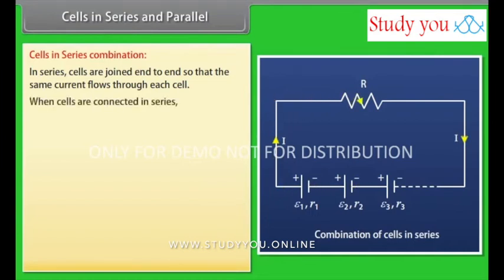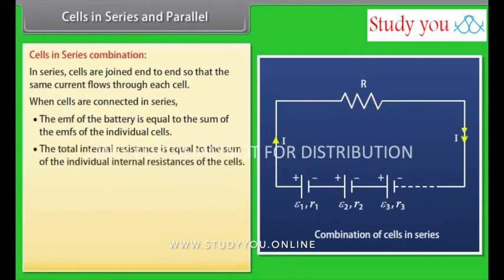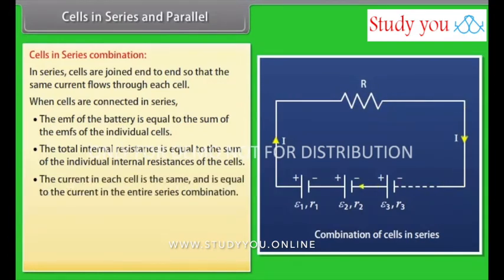When cells are connected in series, the EMF of the battery is equal to the sum of the EMFs of the individual cells. The total internal resistance is equal to the sum of the individual internal resistances of the cells. The current in each cell is the same and is equal to the current in the entire series combination.